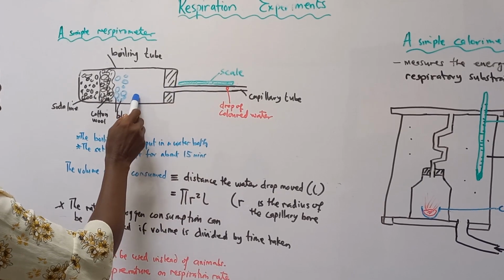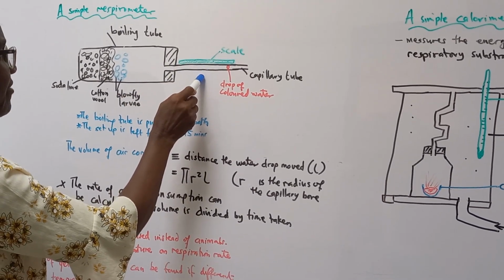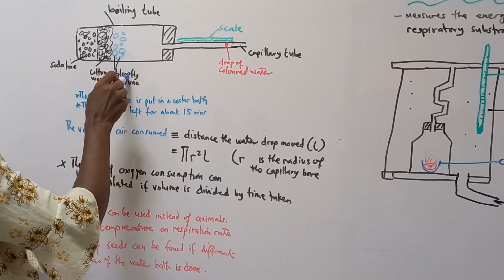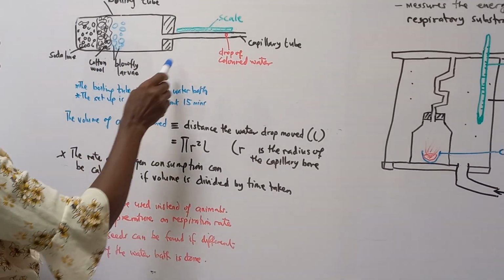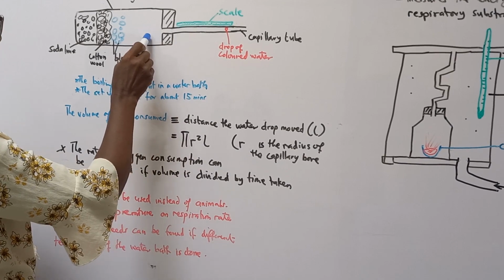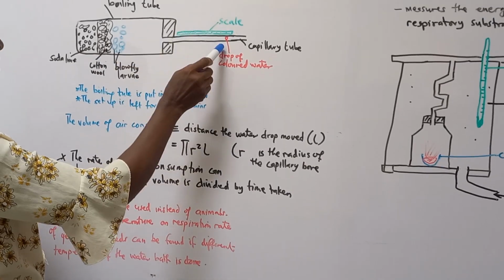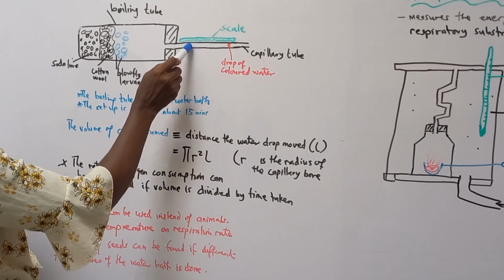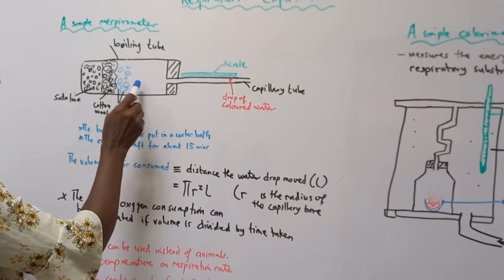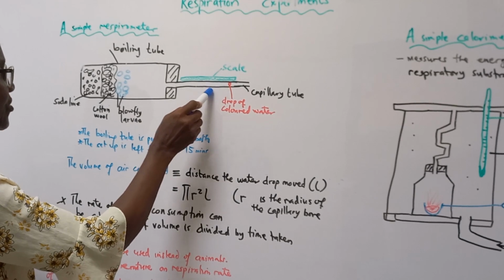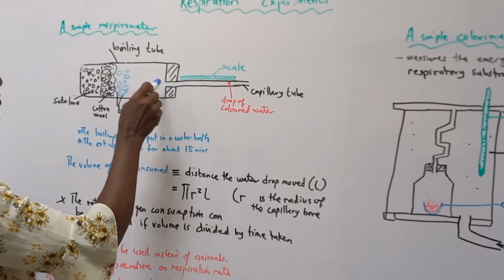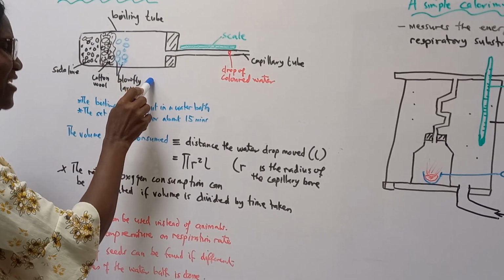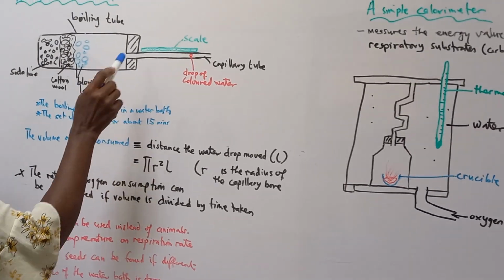So the drop of water moves equivalent to the amount of oxygen removed by the blowfly for respiration. So the amount of oxygen that is removed is equivalent to the distance this bubble travels with time. So the distance the bubble travels with time can be measured, and the distance gives an indication of respiratory rate.